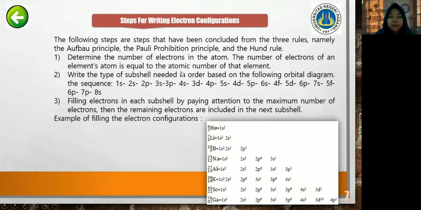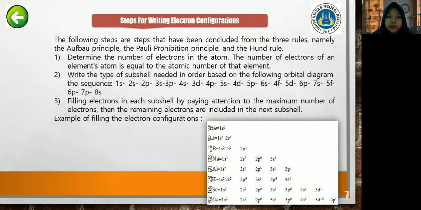The first step, we determine the number of electrons in the atom. The number of electrons of an element atom is equal to the atomic number of that element. The second step, we write the type of subshell needed in order based on the following orbital diagram.